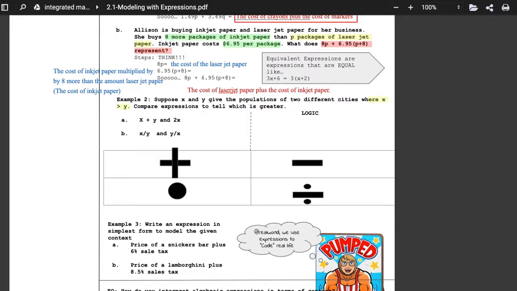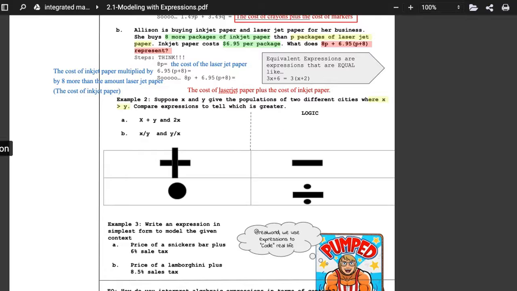Well, remember, X is bigger than Y. So 2 of the X's is going to be bigger than X plus the Y. Because if X is 1,000 and Y is 100, then 1,000 plus 100 is 1,100. But 2x would be 2 times 1,000, which is 2,000. So 2x would be bigger, right? Because 2x is bigger than 1,100. Again, just a hypothetical number, but you could plug any number in and it's going to say that 2x is bigger than x plus y in all cases.